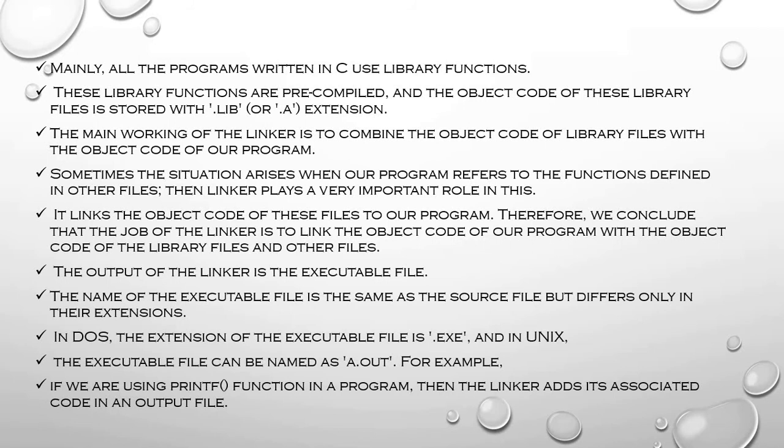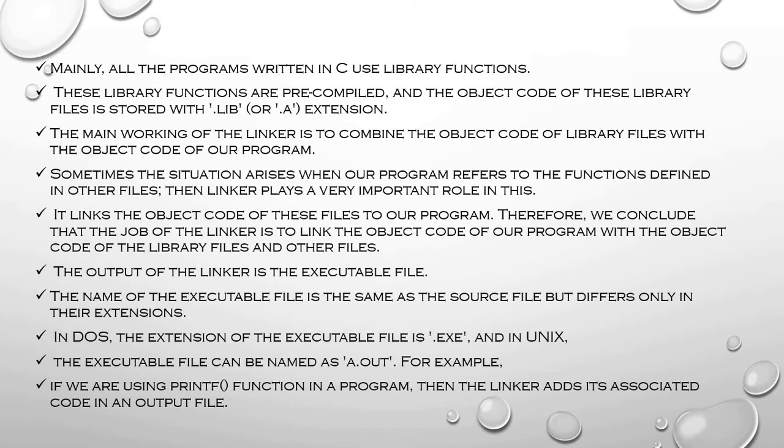These library files or these functions are pre-compiled and the object code of these files is stored in the library with the extension .a or .lib. The main work of the linker is to combine the object code of the library file with the object code of our program. So the linker is connecting the library file as well as our program.